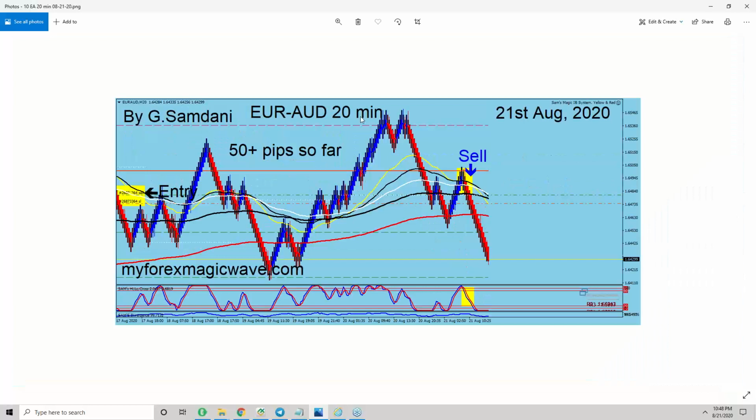And then Euro Aussie, because of that Euro news, was going up, but then again the news came out and it went down. Here, a nice short setup. And all of these charts that I'm showing you, I'm also showing my live trade still alive, with the stop loss moved to break even plus. So you know these are not just pictures.